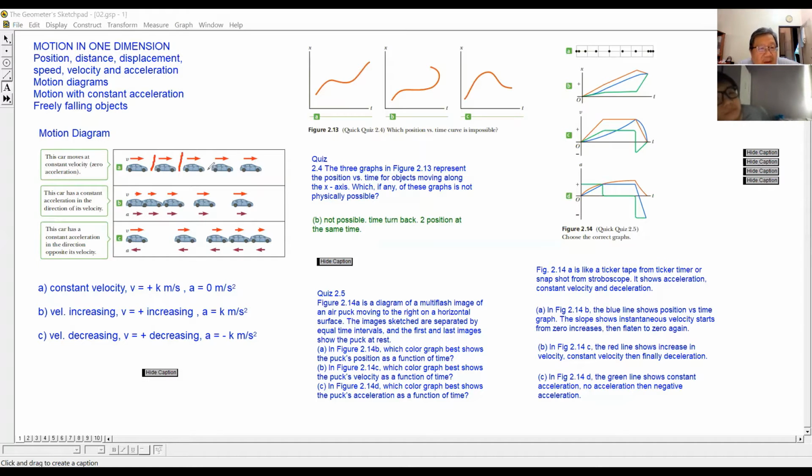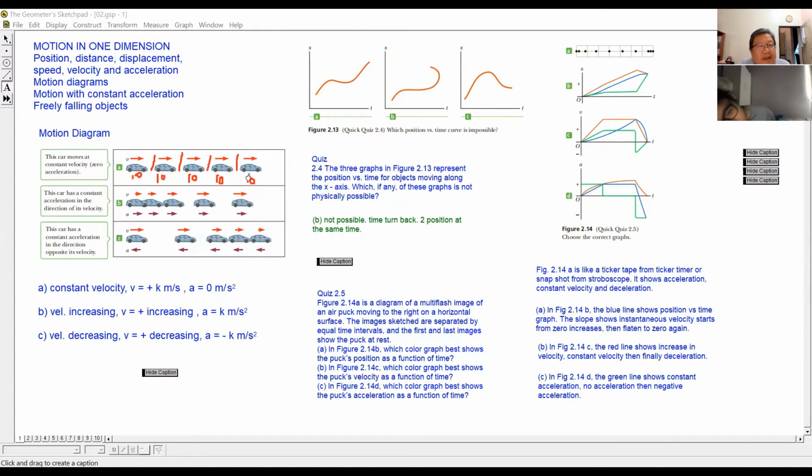So that means the position, let's say if this is 10 meters, they are always 10 meters apart. This is 10 meters, this is 10 meters. So probably in the number line, this one is 0, 10, 20, 30, 40, and 50.